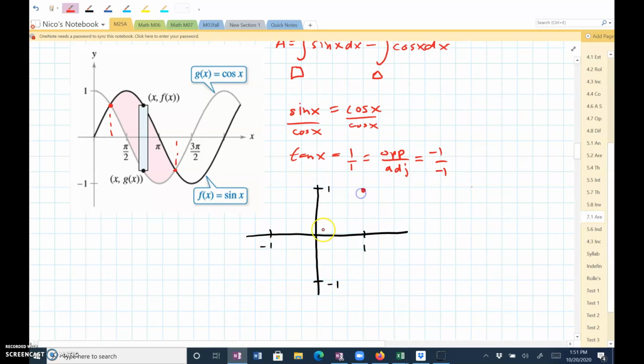One of the triangles would look like this, where this is angle x. The other triangle would look like this, where this is angle x. So if this is 1 and this is 1, this is going to be square root of 2, which means this angle here would have to be 45 degrees, or pi over 4.